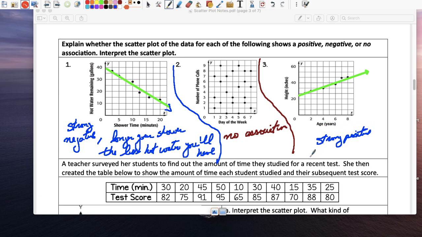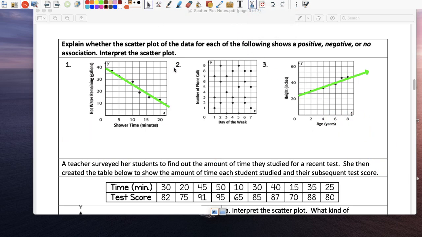So the older you are, the taller you'll be. So it's a strong positive, and you notice that as one increases, the other one increases. That's what makes it a strong positive.